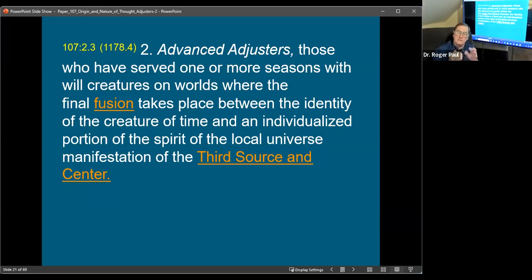Now we're going to get into these in depth, but I want to mention one thing. Those who get a fragment of the Creator Son become citizens of the local universe only. You follow me? So they don't go on to Paradise normally, unless something magnificent happens to them.